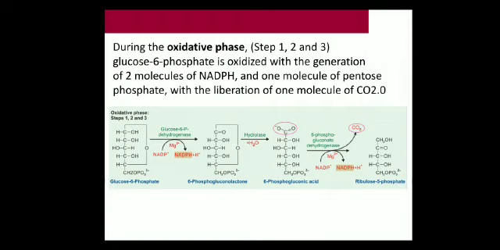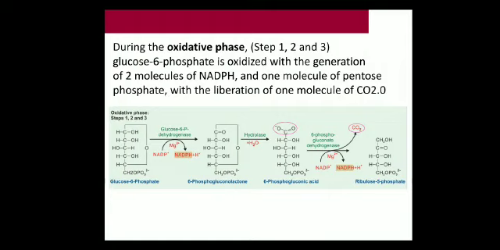In the reaction you can observe, first glucose 6 phosphate is converted into 6 phosphogluconolactone. Here there is generation of NADPH. The enzyme is glucose 6 phosphate dehydrogenase. Then 6 phosphogluconolactone to 6 phosphogluconic acid. The enzyme is hydrolase.